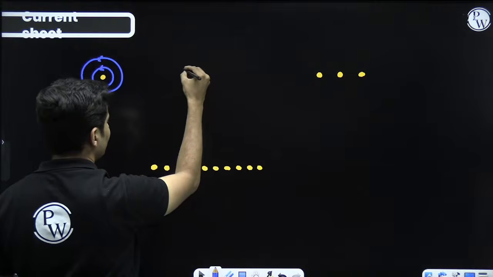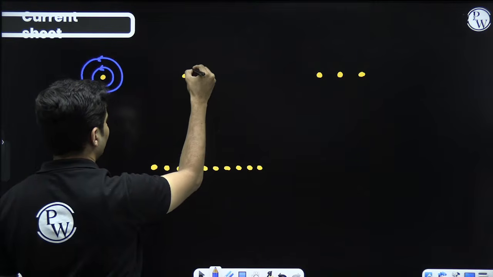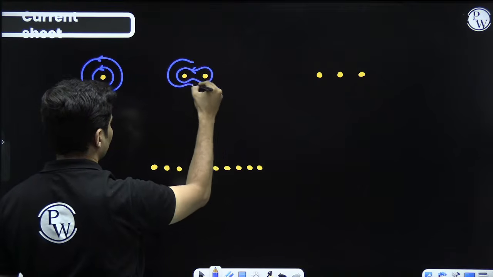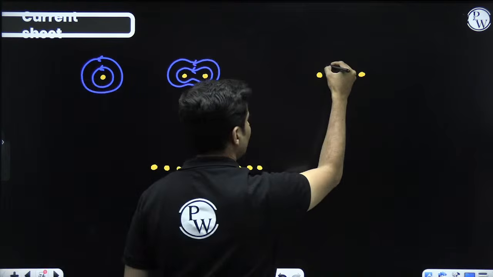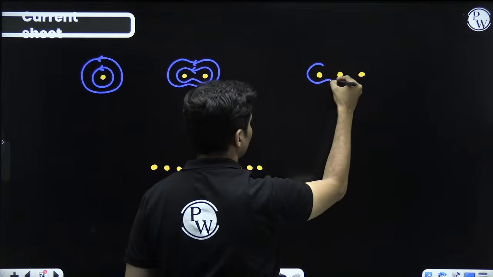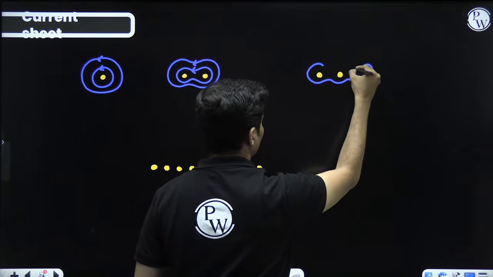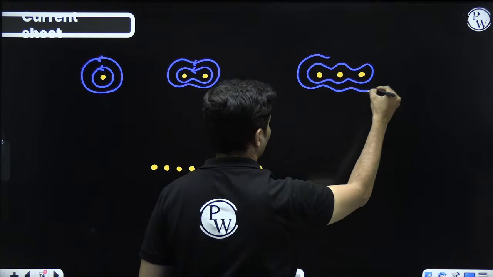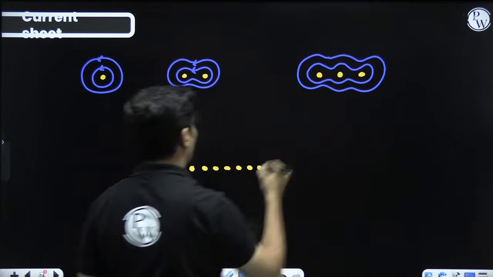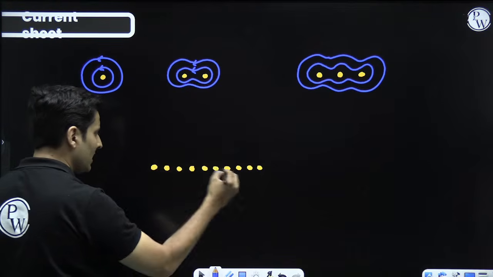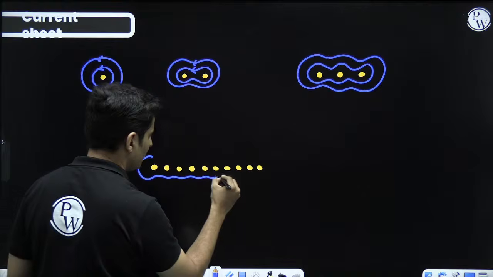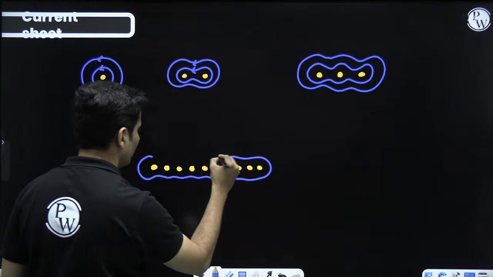When you have 2 wires, the magnetic field lines are like this. When you have 3, they go like this. This is how it is. And when you have many of them, barely anything goes inside, it will just go like this and come around like this.